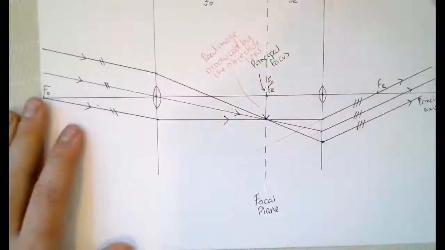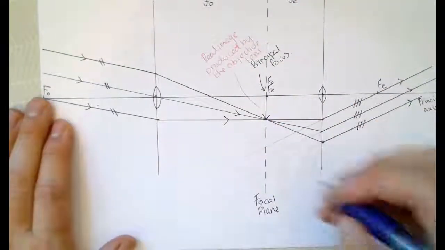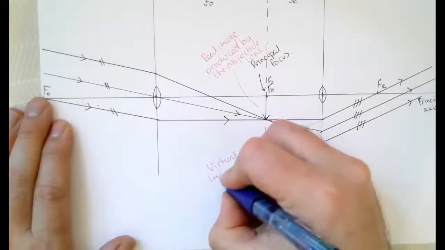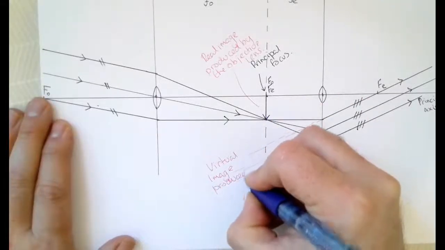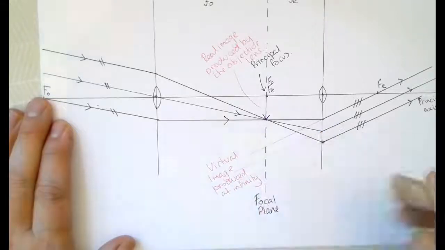I've not drawn that particularly well, but they should be parallel, and this means that we would get a virtual image produced at infinity.